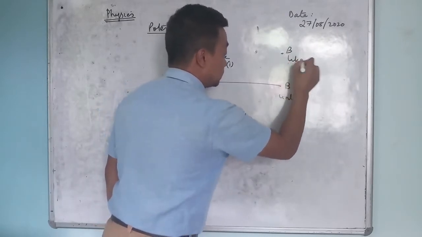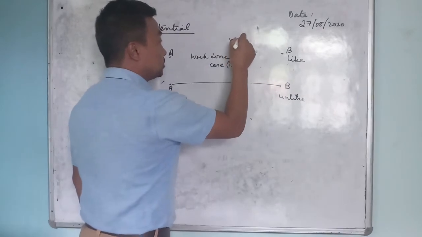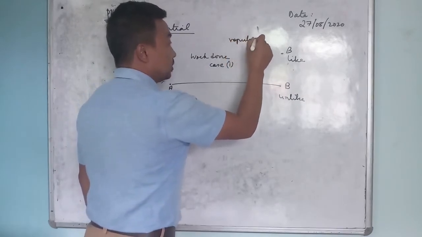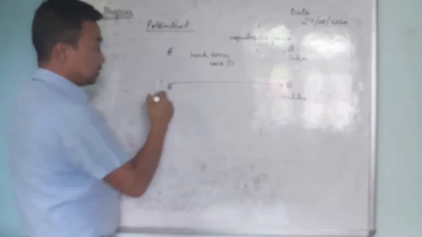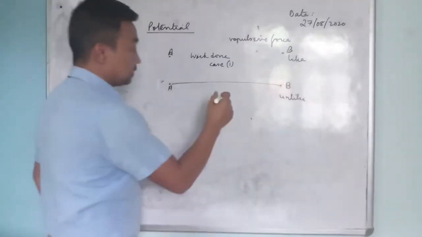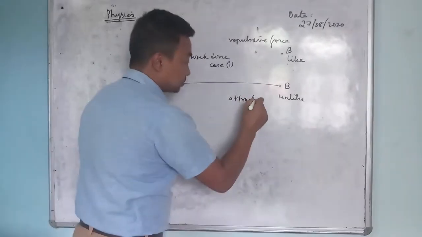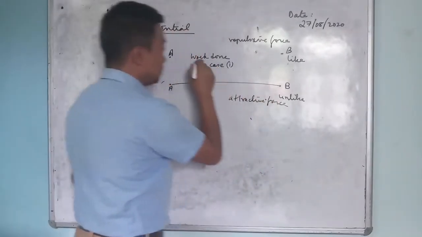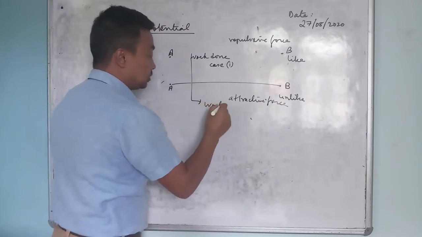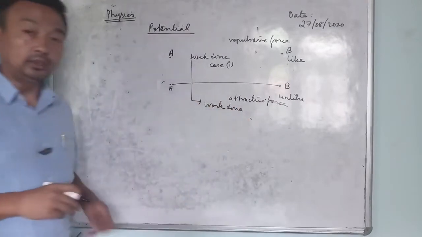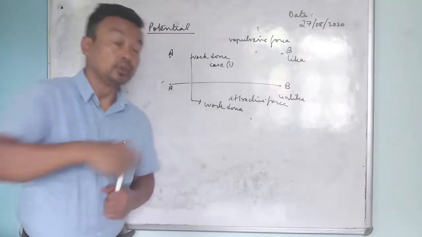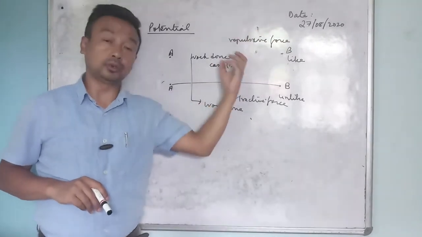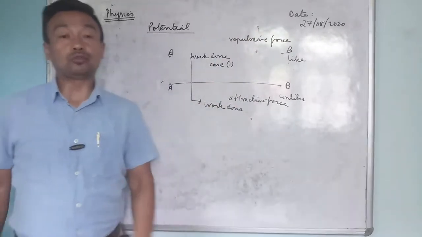Here you have a like charge and a force of repulsion, and when you take the charge to the region of unlike charge, then you have an attractive force. But in both cases, what we observe is that there is work done. So work is done basically when you carry a charge from one region to another, either due to the repulsive force or due to the attractive force.